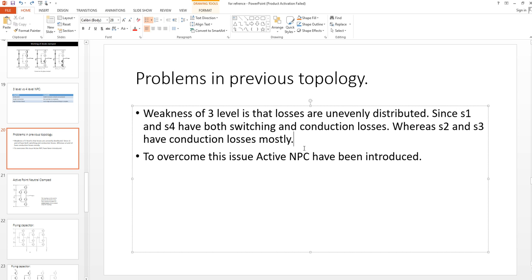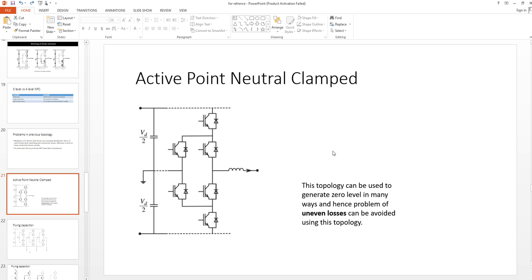Now to mitigate these losses, basically to distribute the losses evenly, the literature has proposed the active neutral point clamped topology. So this is the topology, active neutral point clamped.